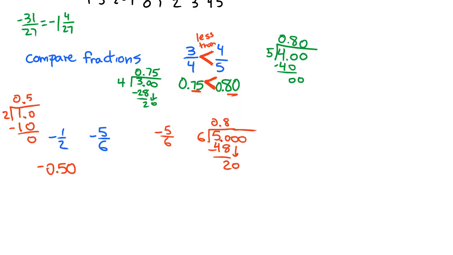Drop down the 0. 6 can go into 20 3 times, which is 18. 2, 0, and what we see is we get in this kind of infinite loop again. So we can talk about 0.83 repeating. Now we need to not forget our negative. And so we have negative 0.83 repeating.